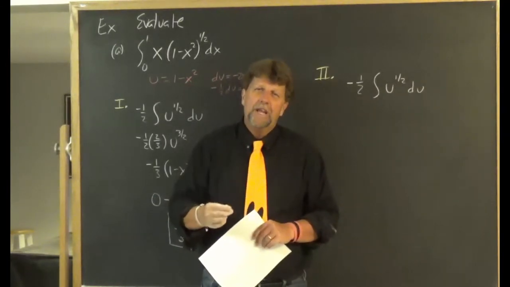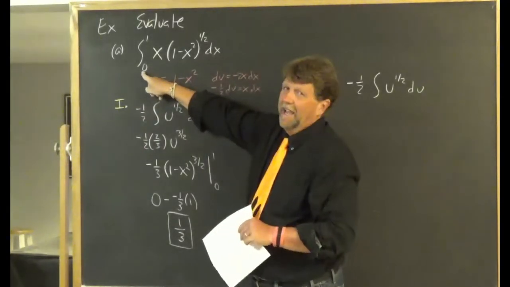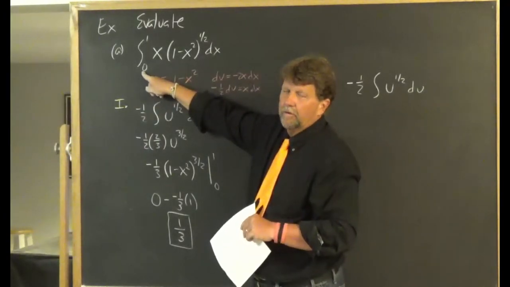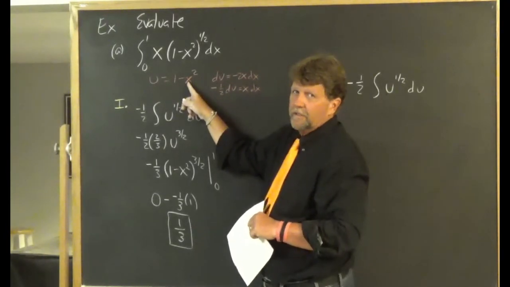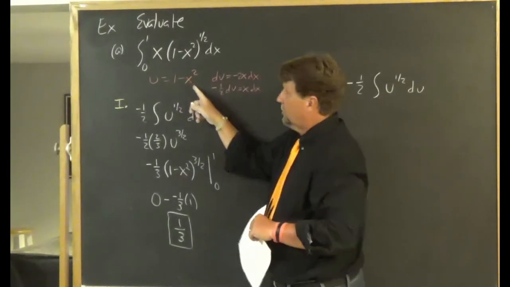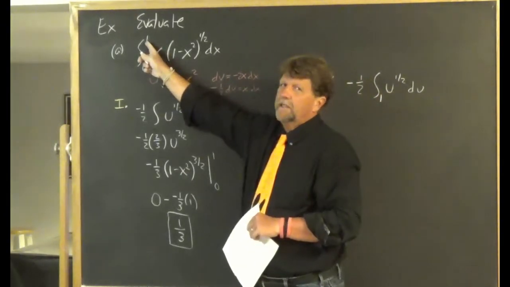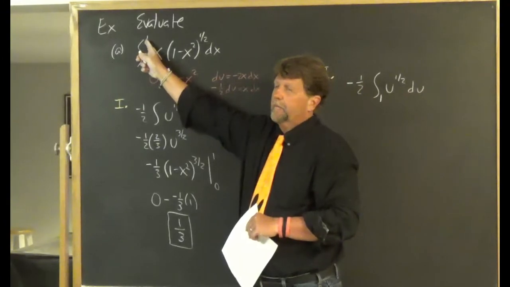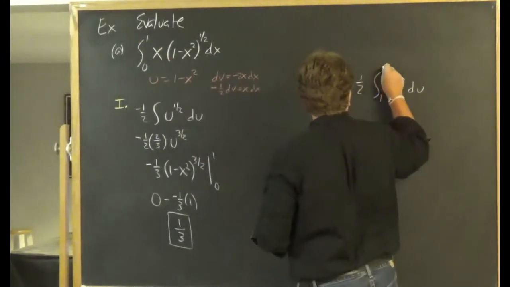And here's how you change them to u limits. This is shorthand for saying x equals 0. So put 0 in here for x. That'll tell you what u is. That's right, u is 1. This is short for x equals 1. So go ahead and put 1 in here for x, and that tells you u is 0.